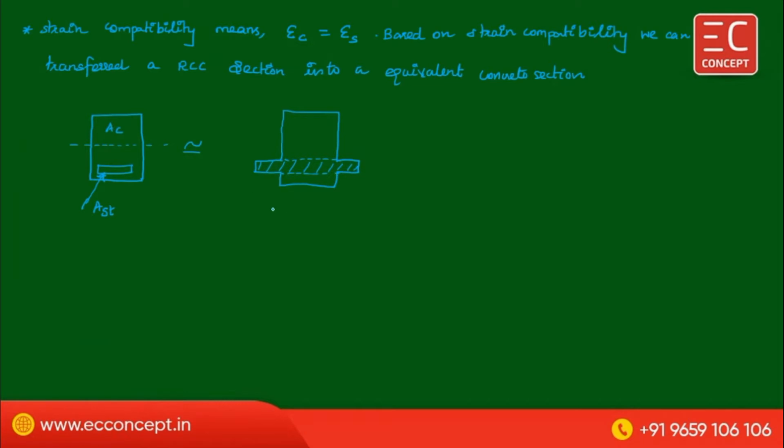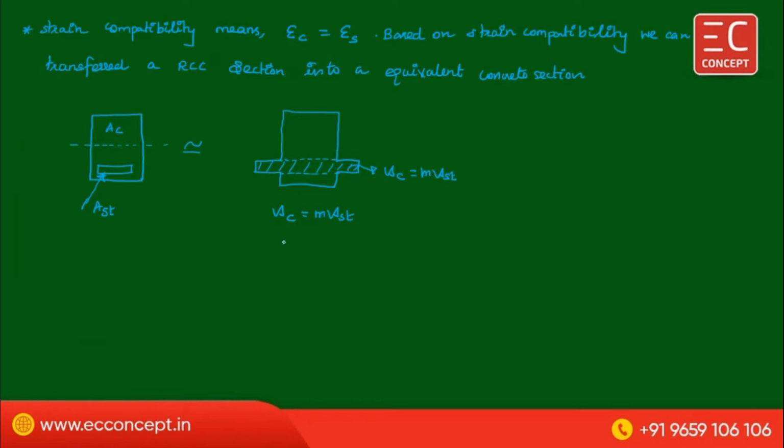Okay. Now here the area of concrete is equal to m times the area of steel. We converted this area of steel into area of concrete. So the area of concrete is equal to m times the actual area of steel.